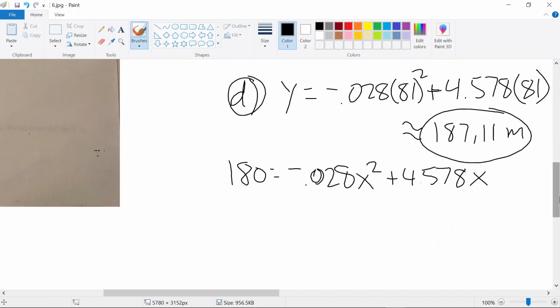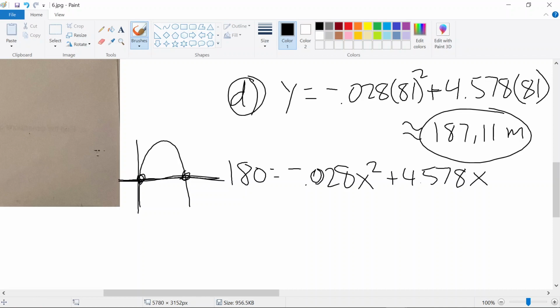How would I solve that? Well, in other words, I'm just shifting this parabola up. When it's at 180 meters, where does this parabola cross that new axis that's made at 180? Where does it cross the 180 meter level?